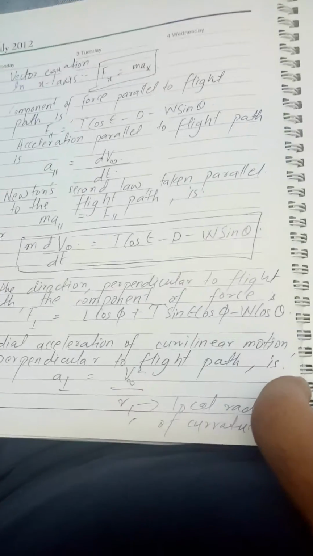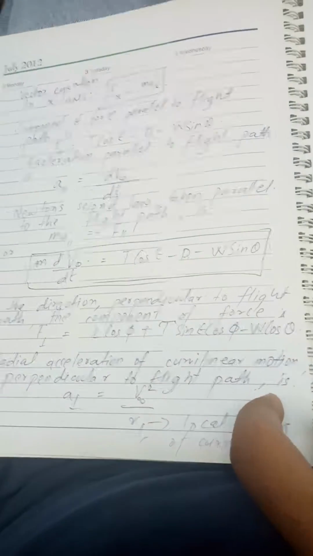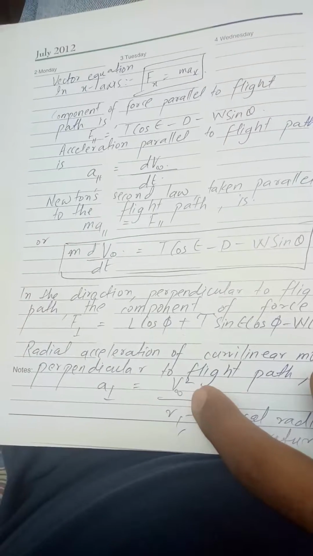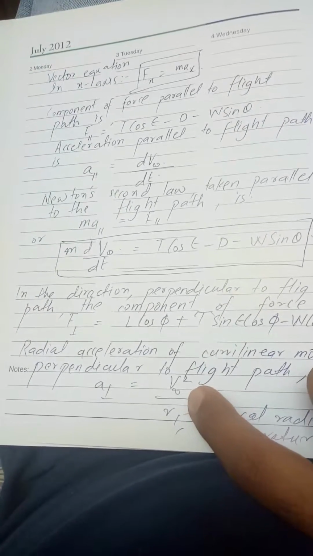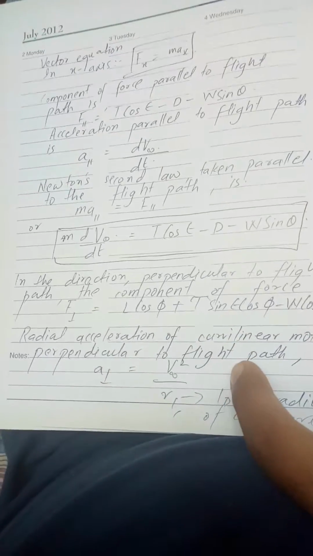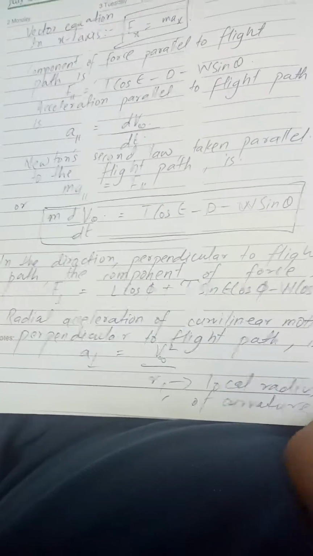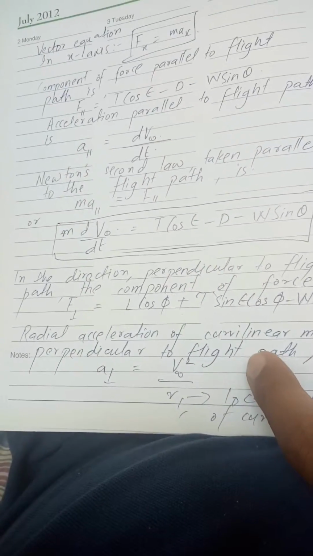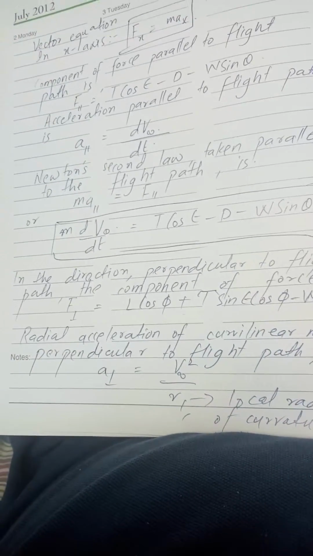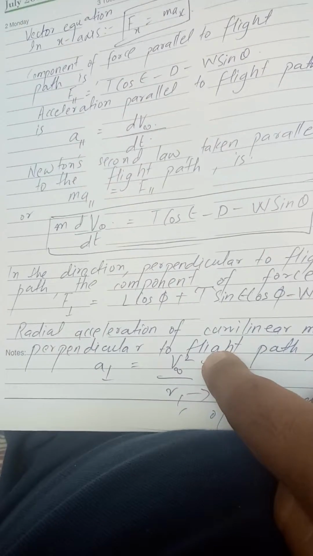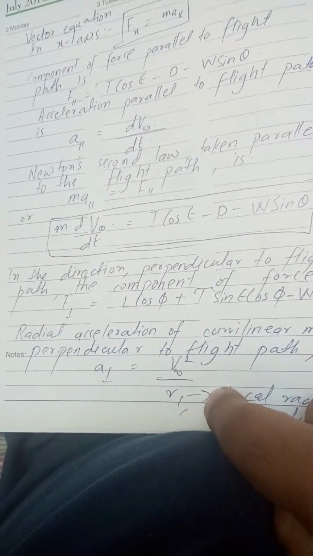Radial acceleration of curvilinear motion perpendicular to flight path is this. Now we have the acceleration as well. You have the local radius of curvature, r1. Now we have the centripetal acceleration, which is explained by the air velocity v squared divided by r1.